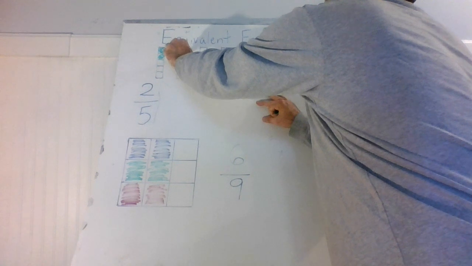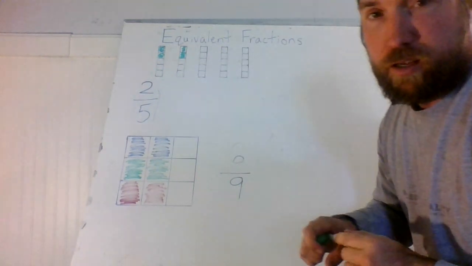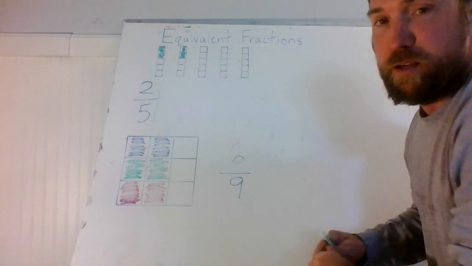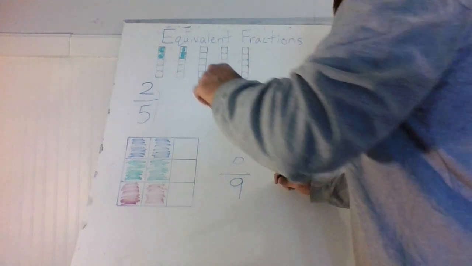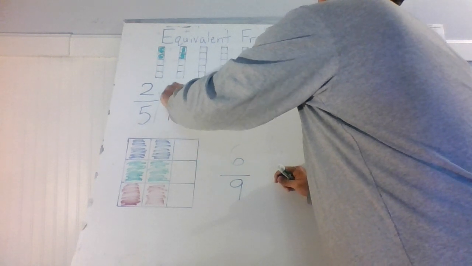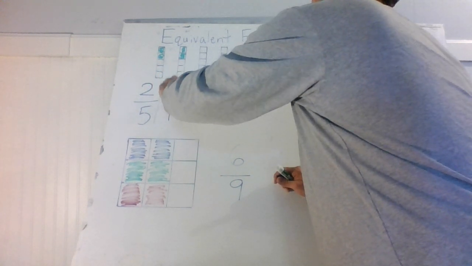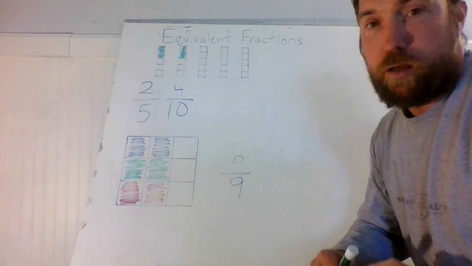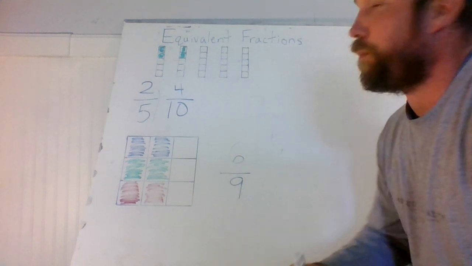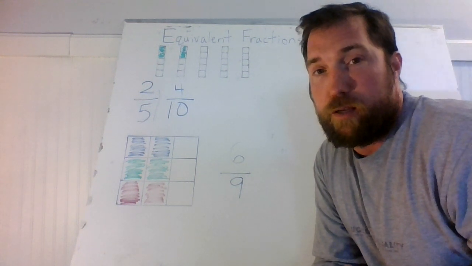So now our whole is kind of that set. How much candy have you gotten all together? Between the 2 trips, you've now gotten 10 pieces of candy, and you got 4 of them. Now, what happens is both numbers change the same way.